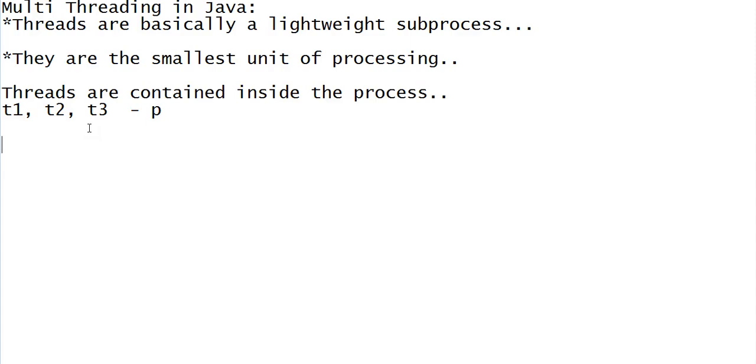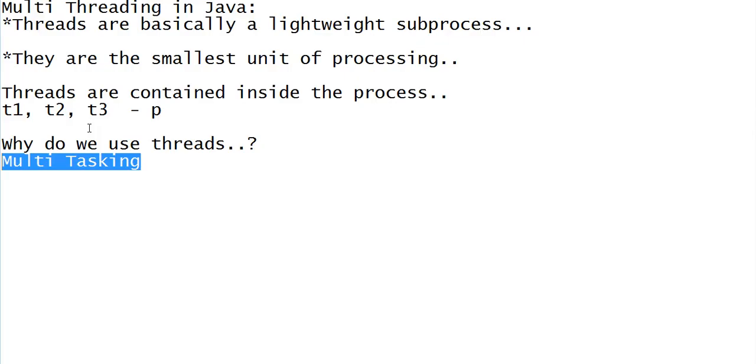But why do we use threads? We use threads in order to perform multitasking. And what is multitasking?